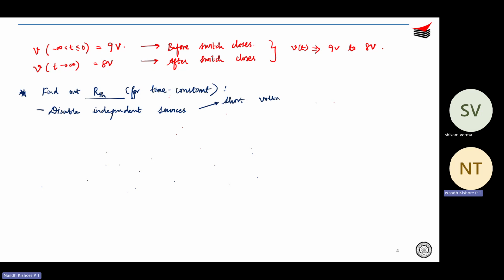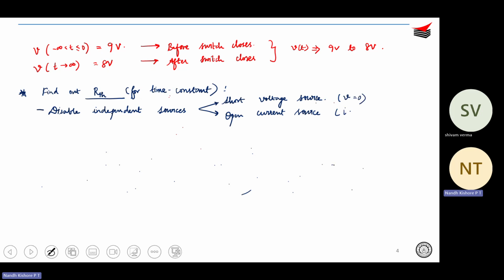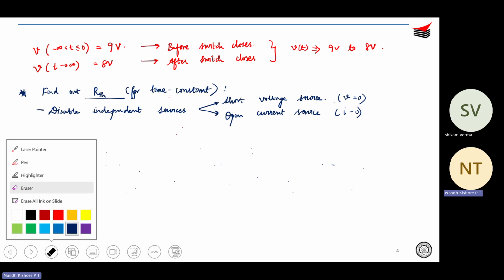Short voltage source and open the current source. Okay. If you short the voltage source, it means the effective voltage is going to be 0. If you open the current, no current flows, the current is 0. All right. Okay. So you have disabled independent sources.